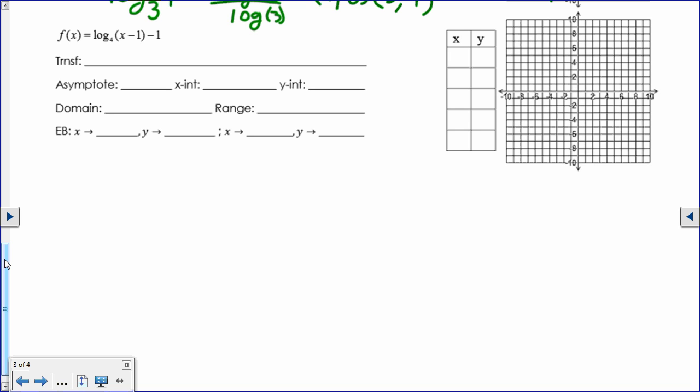But you said x equals 1. Transformations are good. Okay, well, what about for the points? So we need to do the log points.